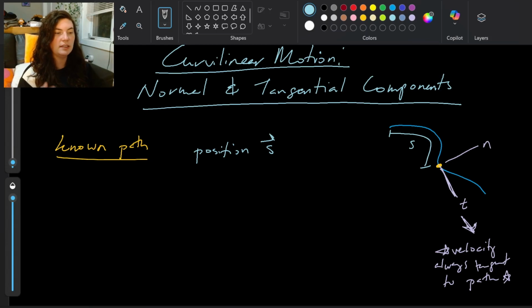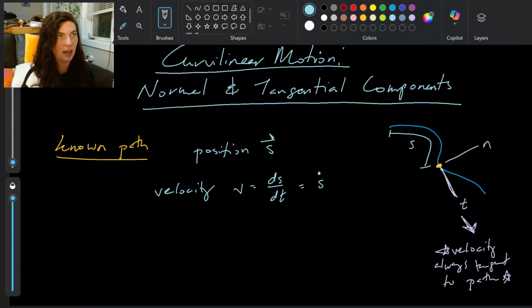And when we take the derivative of the position to get the velocity, velocity is ds dt. You also might see it written as s dot, as in just the derivative of position with respect to time.